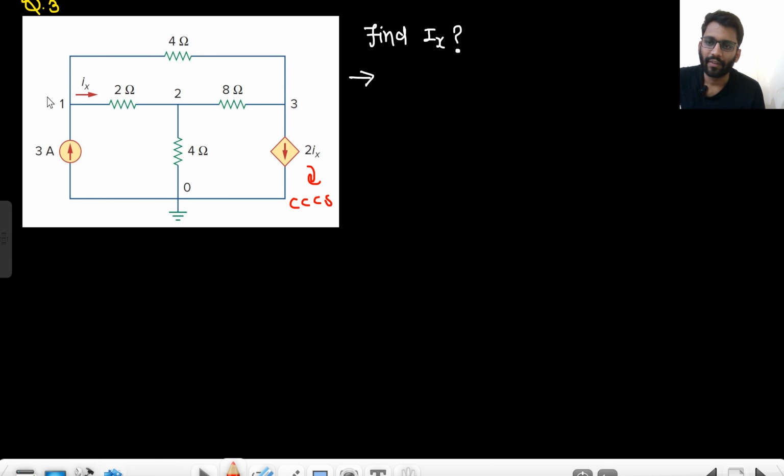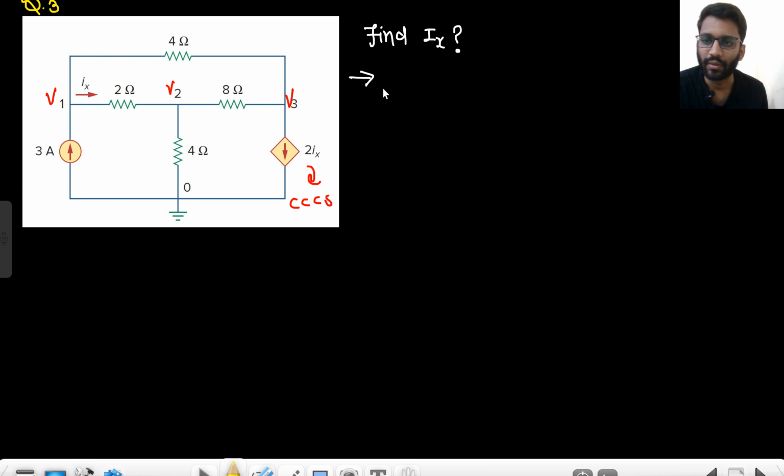Now let's assume we have a voltage V1 here, V2 here, and V3 here. Again, we will solve it by applying nodal analysis, or you can apply other methods too, but let's solve it using nodal analysis only. I will just write down the equations. You need to solve the equations on your own.